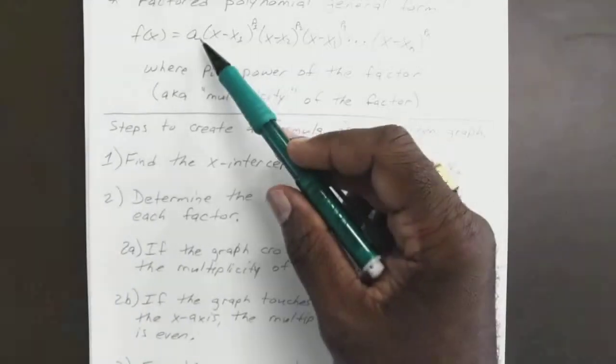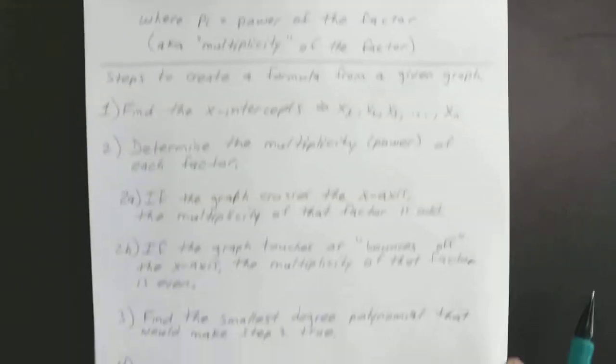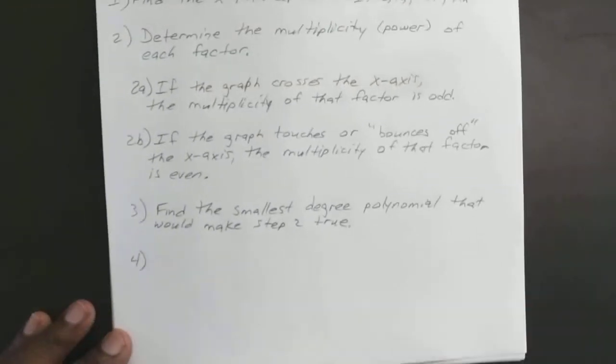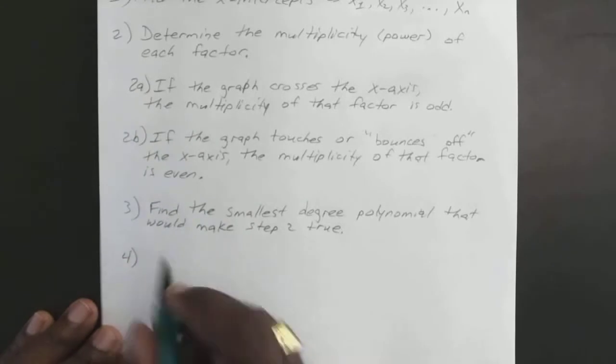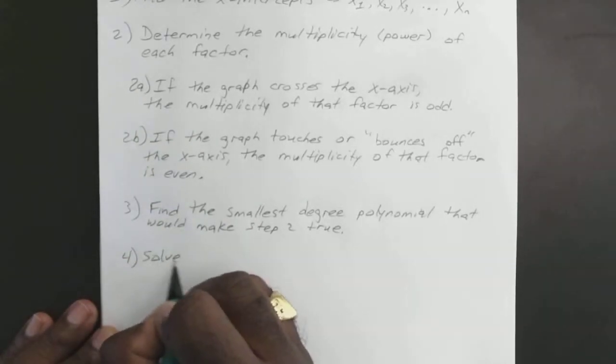Okay. For step 4, the last step is we're going to solve for a. Because out of all of this, they don't give you the actual value of a.